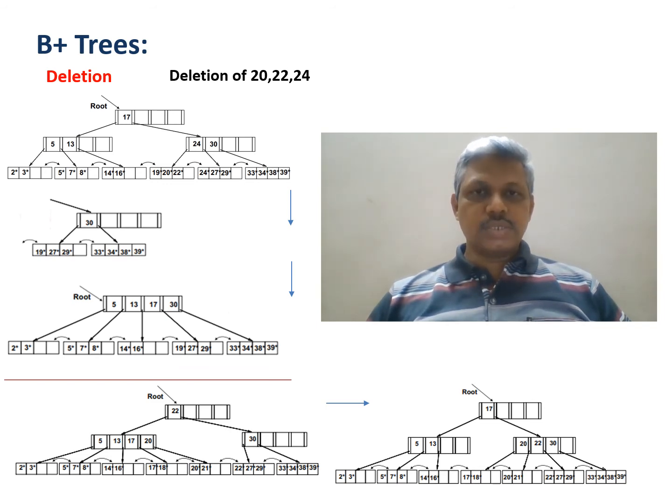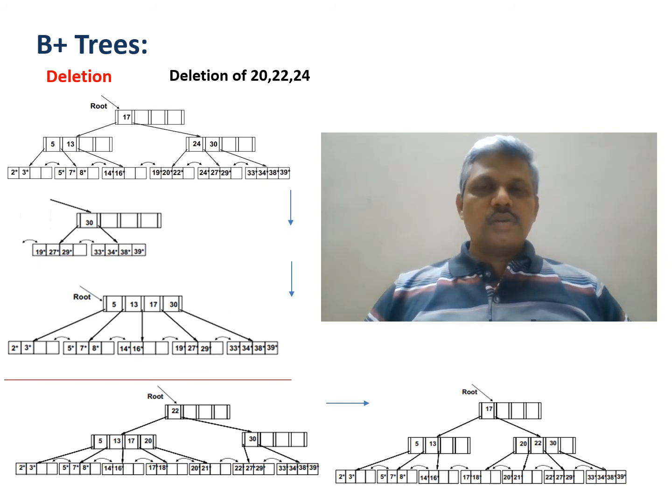Then we have to readjust. There are various ways we can do that. Here one way is, since only one value, 19, is there in the fourth data node, immediately we can shift it to the left data node which is connected to it. Shift the value 19 to the third one, 14, 16, then you can add 19 there, because there is a vacancy for that.